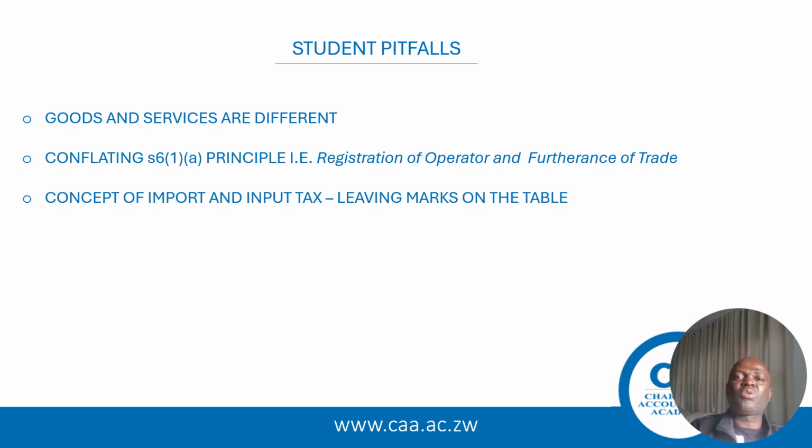So let's go back to Takura Moyo and OK Zimbabwe. Once they've imported the car, total value of supply, say it is 100,000, VAT 15%, so they then pay the 15,000 VAT. That is import VAT, which is an output tax or adds to your output tax.